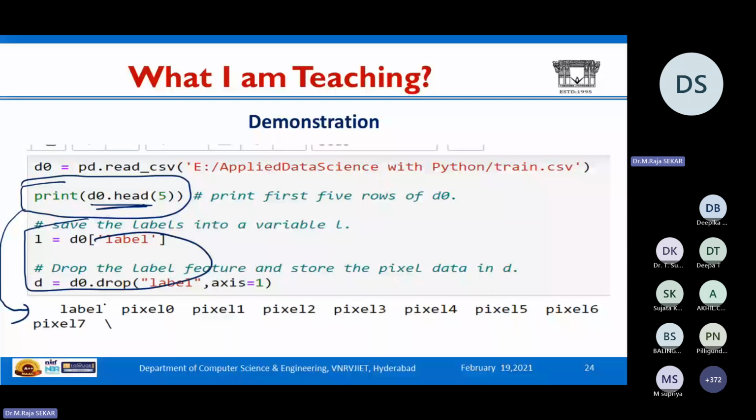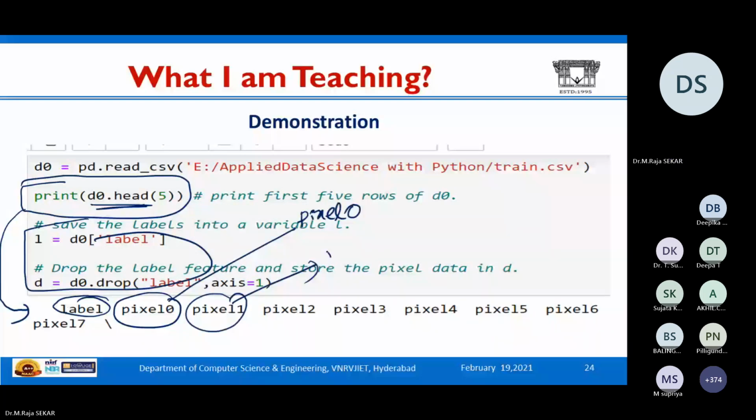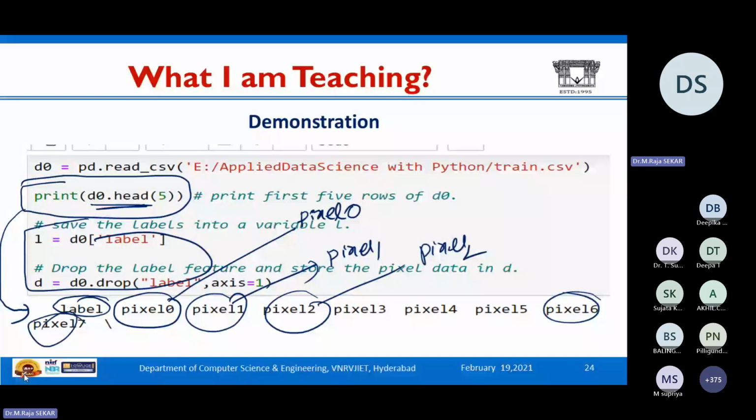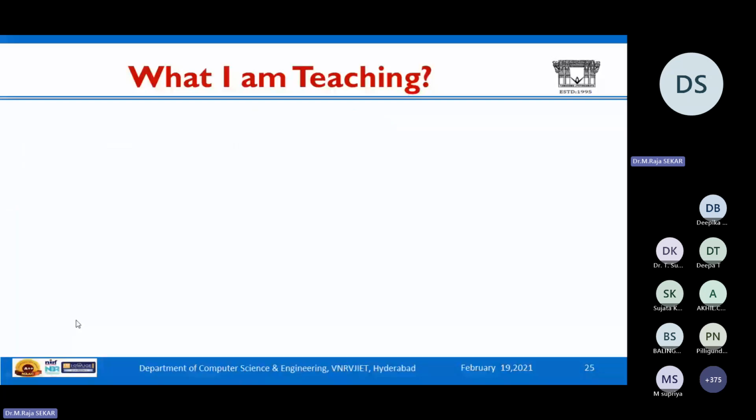What is the first column? Label. What is my second column? This is pixel 0, I already discussed. This is pixel 0, this is pixel 1, this is pixel 2, this is pixel 16, pixel 17. What is the dimension of that particular matrix? 28 into 28, that is 784.